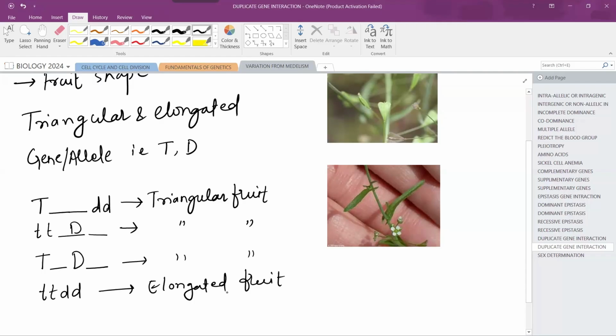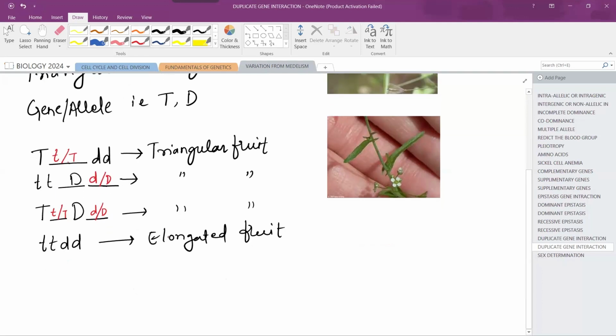Here you will get either a small t or a capital T. Here you will get either a small d or a capital D. Either there is a small d or a capital D. There is a small t or a capital T. There is a small d or a capital D. You will get a triangular shaped fruit in all three conditions, and only in one condition you will get an elongated fruit.